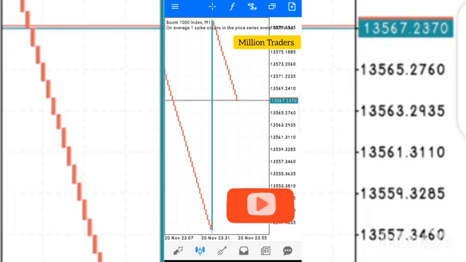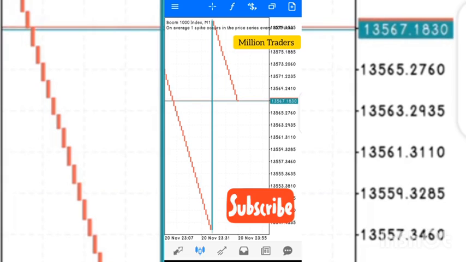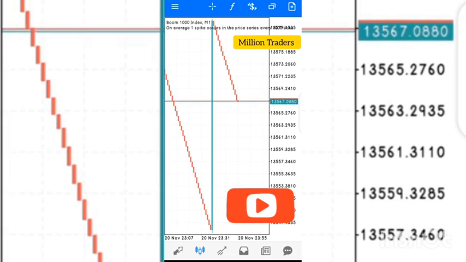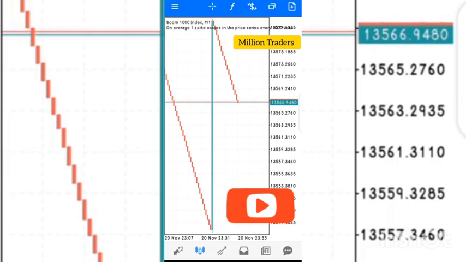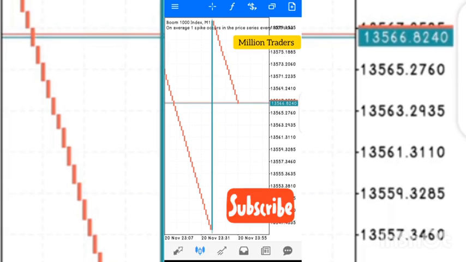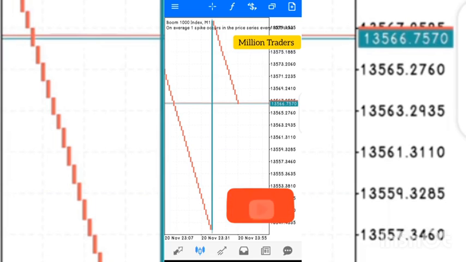So first of all, let's talk about the pairs. There are many pairs in the forex market. I mentioned the euro USD. Okay, these are pairs: the euro paired with the USD. We have the USD paired with the Japanese yen, and we have the GBP paired with the US dollar.